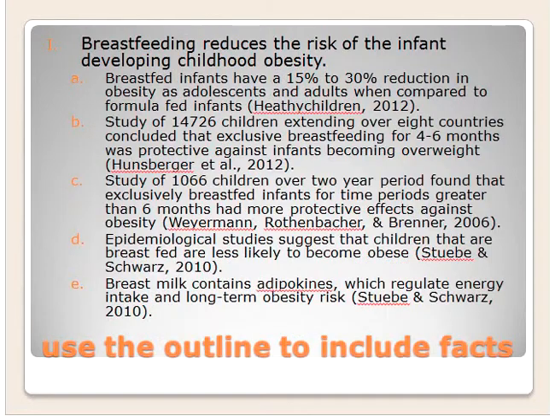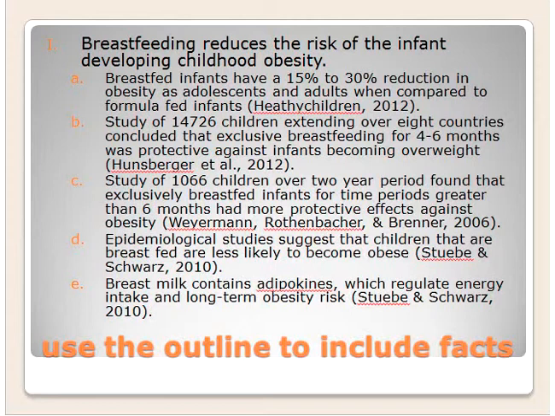Right? Next, we're going to talk about using the outline to include specific facts. You may also be able to include information from your annotated bibliography when you're talking about facts. So you can see here, this student was writing her paper on breastfeeding and how breastfeeding can help reduce childhood obesity and even obesity into adulthood.